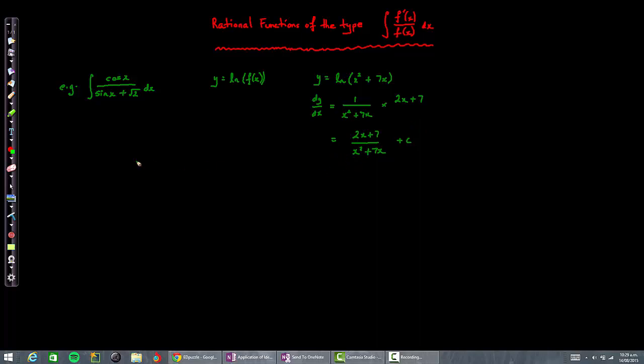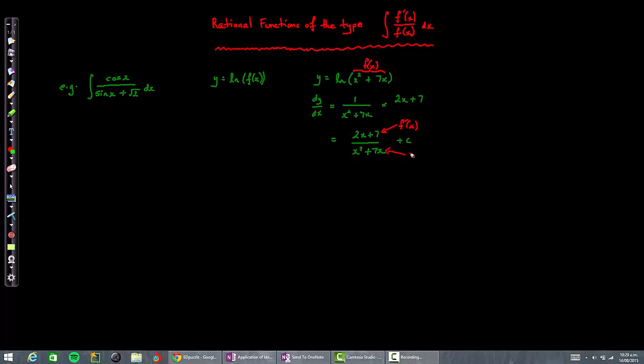Now one thing I'd really like you to concentrate on here and realize is that this part here is a function of x. So this is what we're referring to over here. And when you differentiated it, what we ended up with on the top there was the derivative of that function of x because of the process of differentiation.